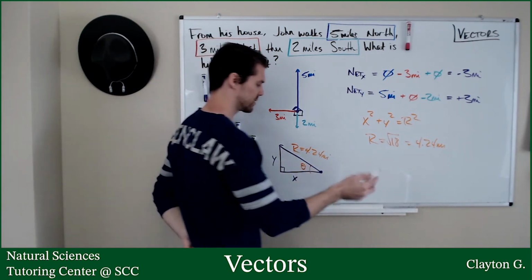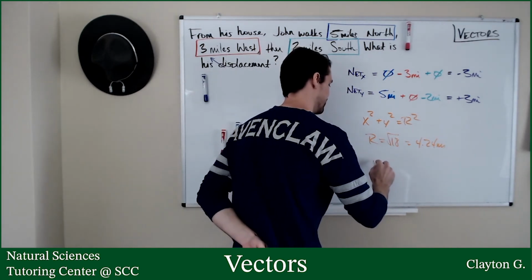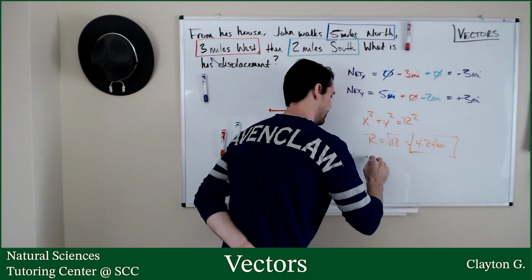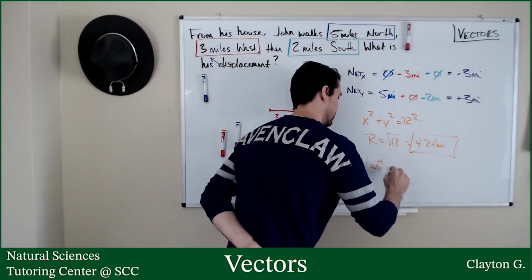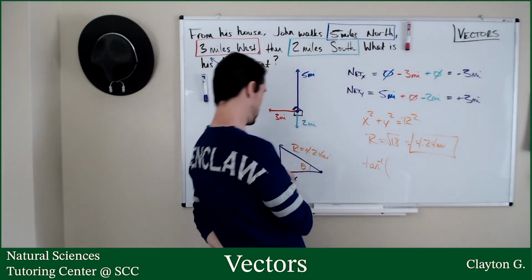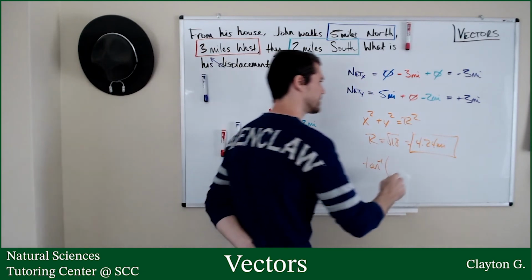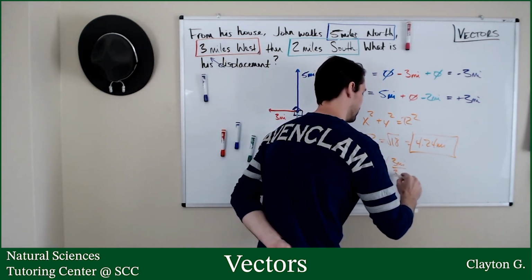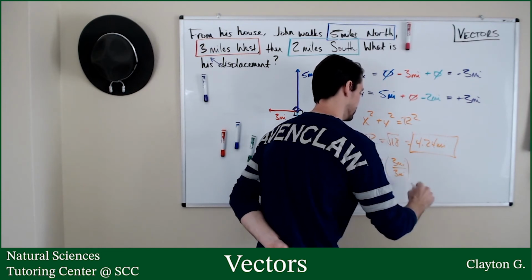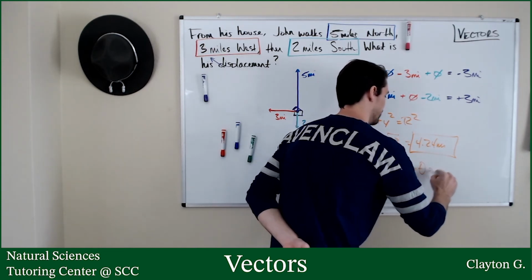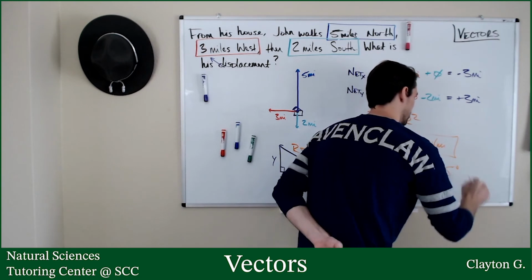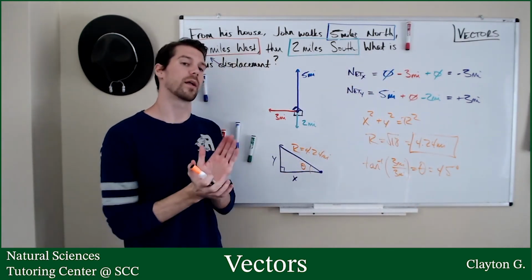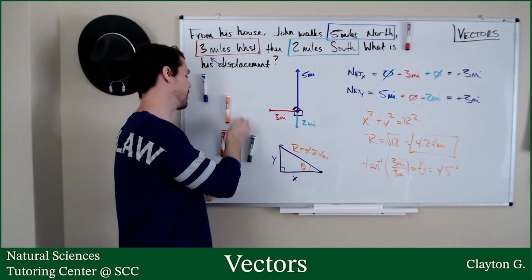Theta equals, okay, I know that inverse tangent. So there's my r, and we have inverse tangent of opposite over adjacent. And again, I'm going to use only the positive magnitudes because I want an angle in the first quadrant again, because I'm going to describe where the angle is.